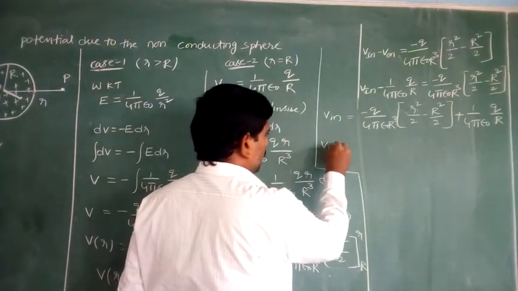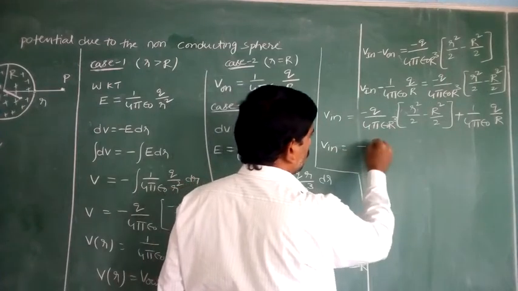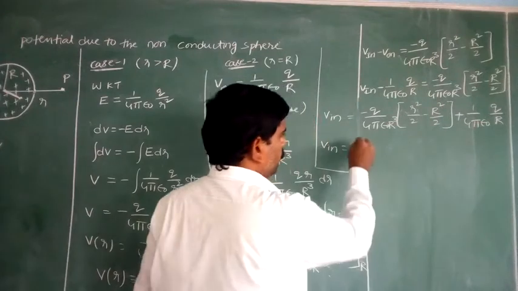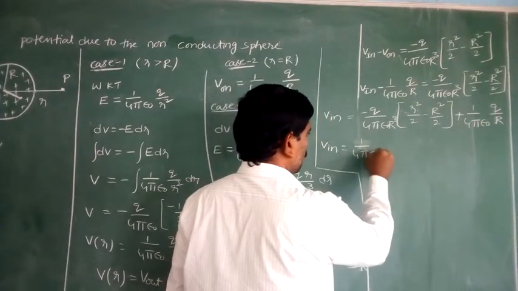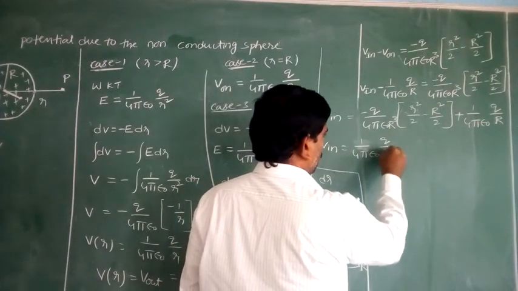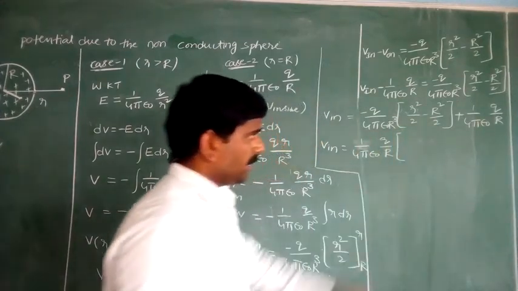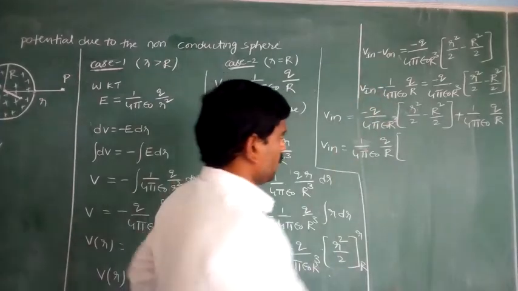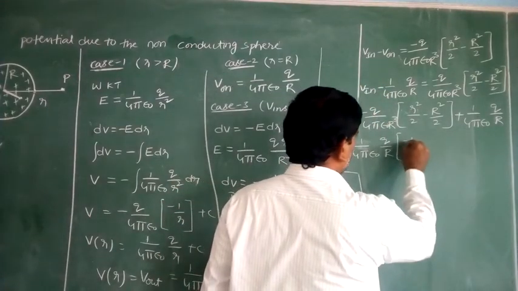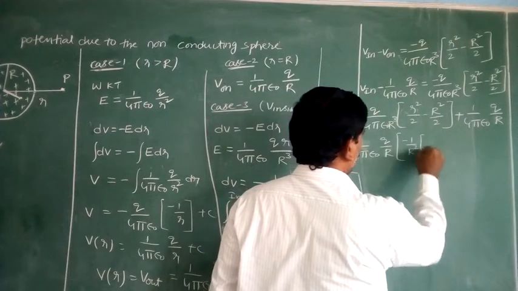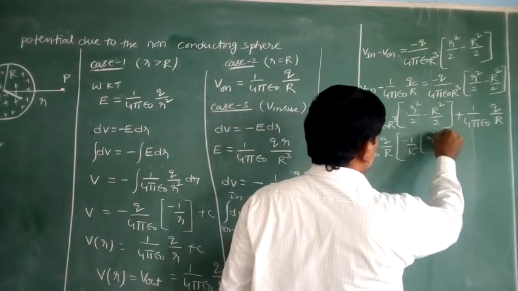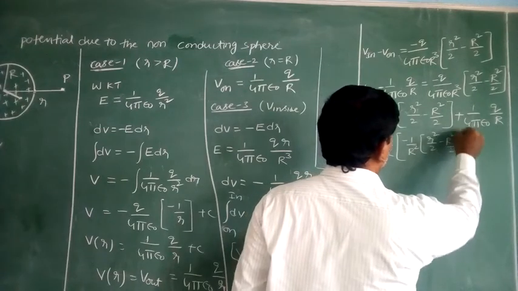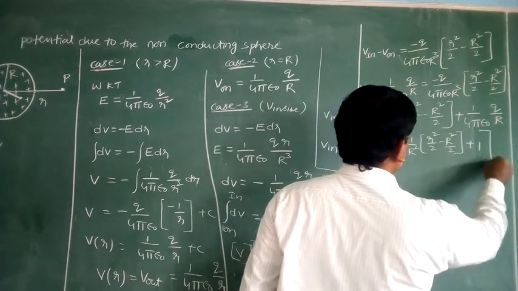Therefore V inside is equal to, with 1 by 4 pi epsilon naught into q by capital R as the common constant term, minus 1 by R square whole into r square by 2 minus capital R square by 2, plus 1.